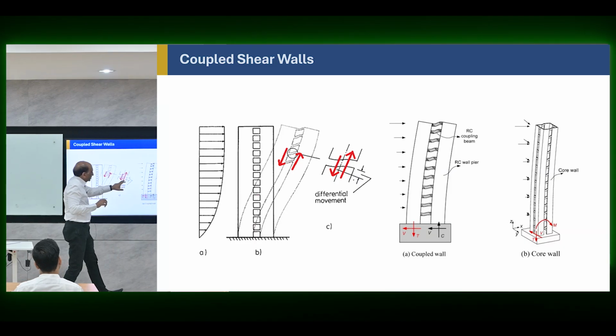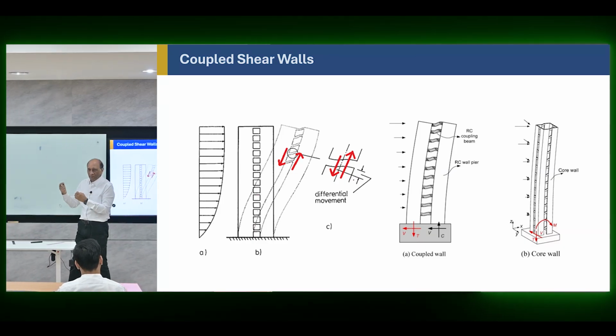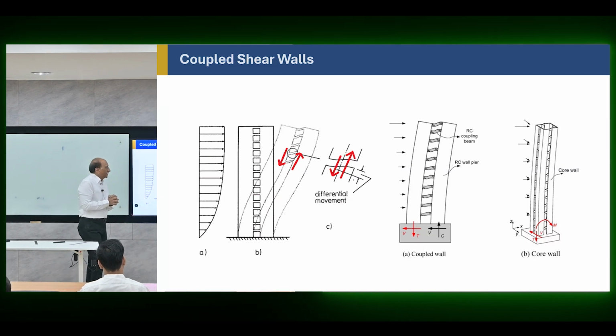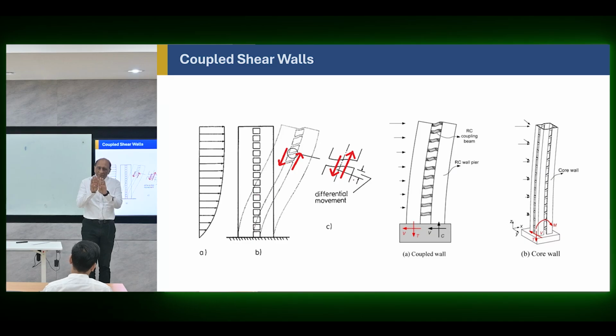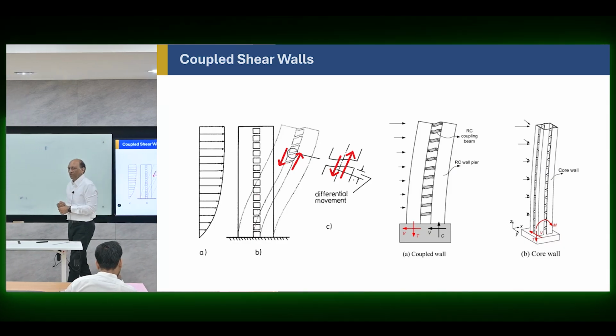This cracking will happen, yielding will happen. We have to allow it, we have to manage it. And this becomes one of the key challenges in the design of tall buildings, how to design these coupling beams to be very effective, at the same time, not so much that they cannot be designed, right? So this balance between them is going to be the key for the performance of a tall building.